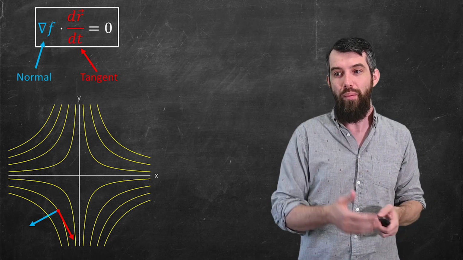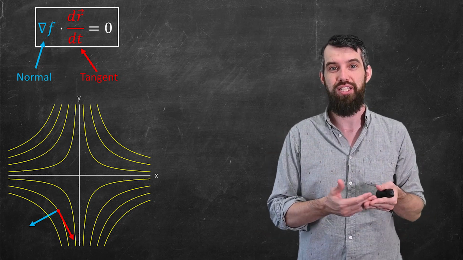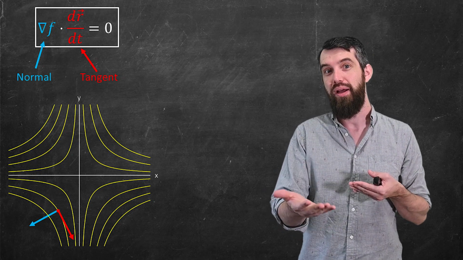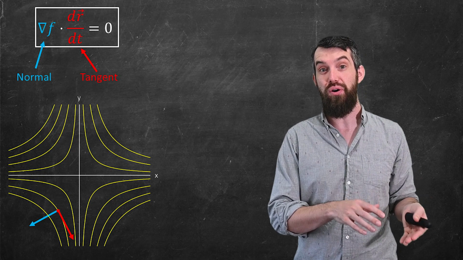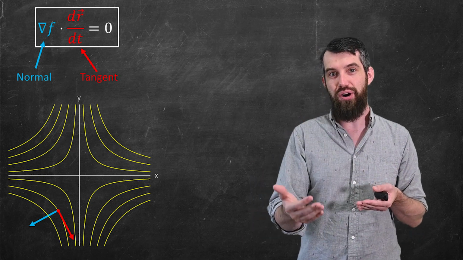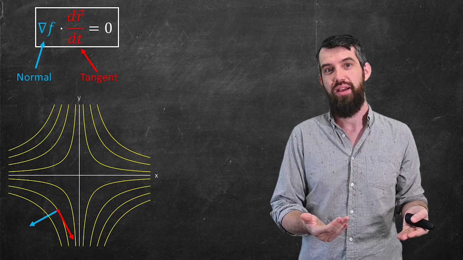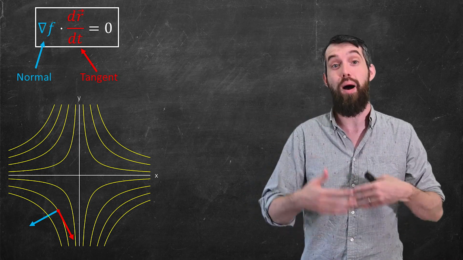And then the normal vector is going to be orthogonal to the tangent vector. It's pointing away from the level curve. And this sort of makes sense because the level curves are going to have different heights, and so as you go from one level curve to the other curve, your height is changing. So it leads me to think that the gradient definitely has something to do with increasing my height function.